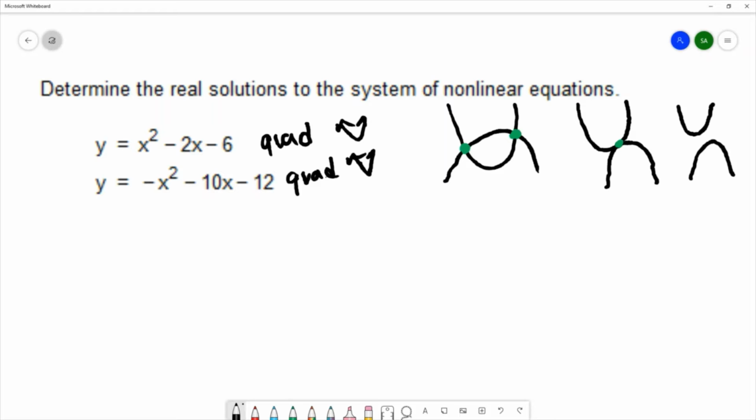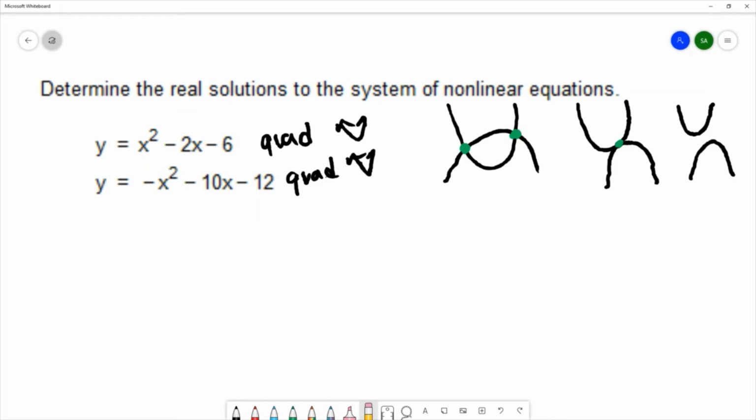As I look at this example, I'm trying to decide whether I'm going to attempt substitution or elimination, and I think the two are equally as easy. I'm noticing that both equations already have a variable solved for, y. We have y equals, which is the first step in the substitution method.